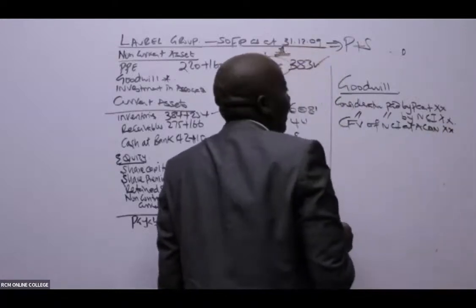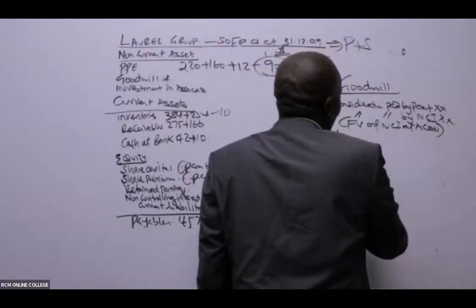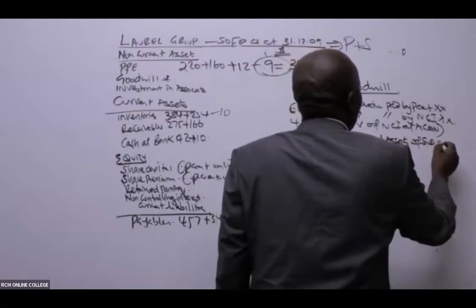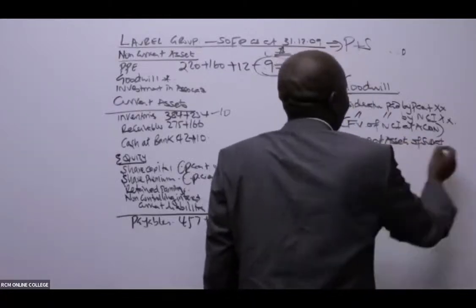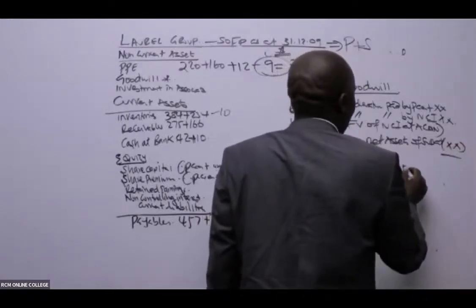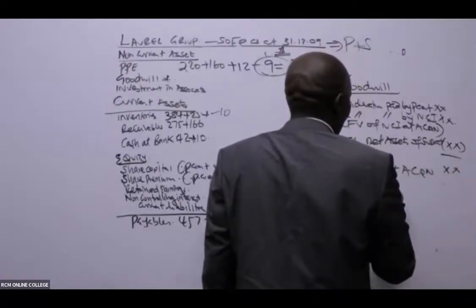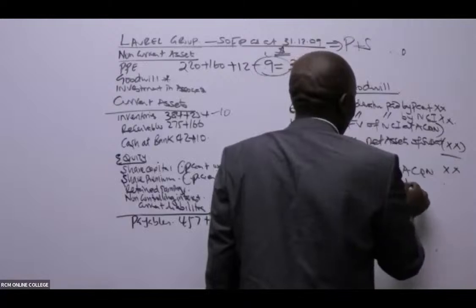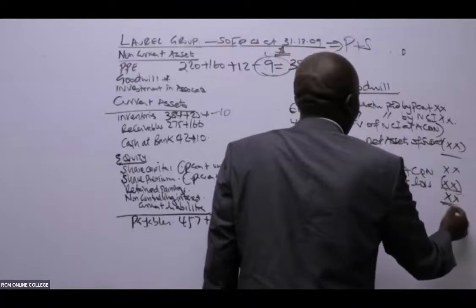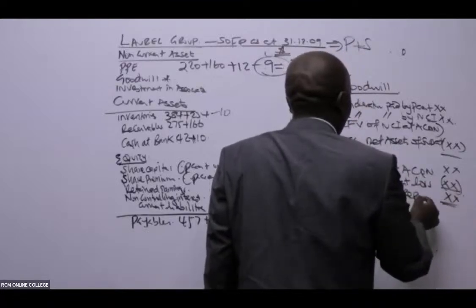Then you come under less net assets of the sub at acquisition. You get goodwill at acquisition, and then you come under less, in this case here, impairment loss. You get goodwill at reporting.